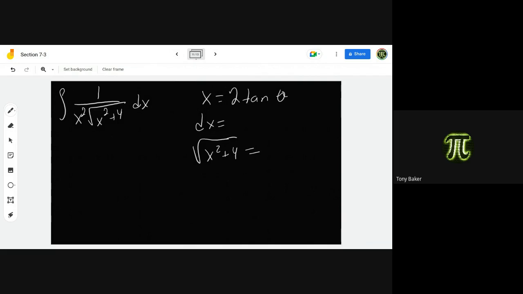Remember, you're taking the derivative of tangent here, not the integral of tangent.